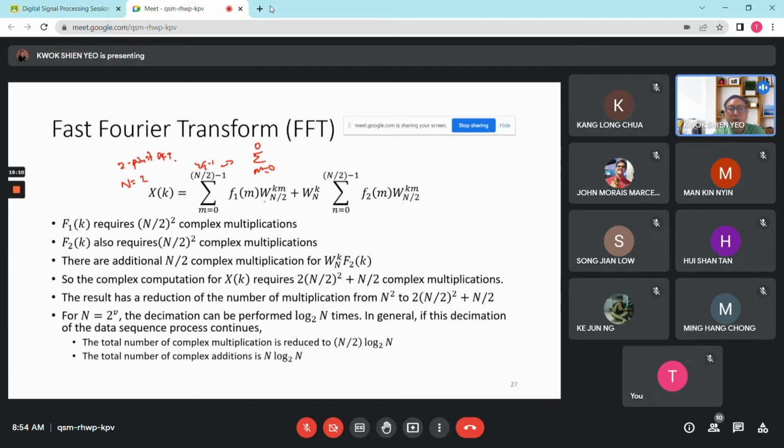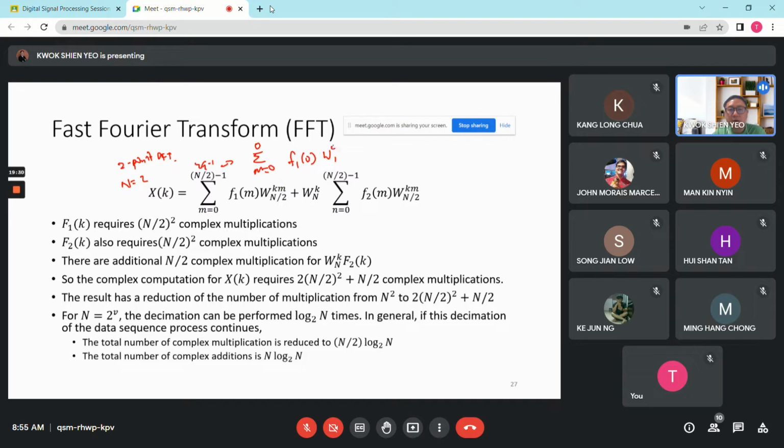So you have f1(0) W_{N/2}, which is W_1. N over 2, N is 2, so W_1, and then m is 0.